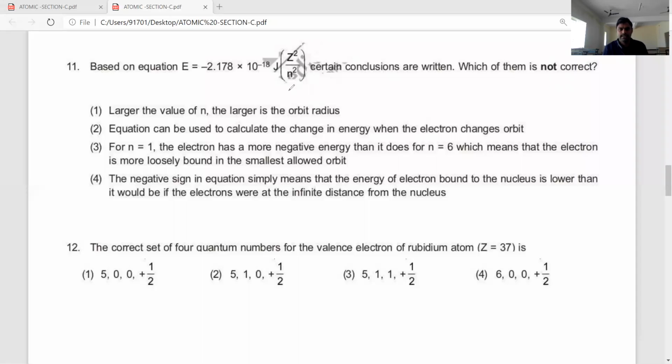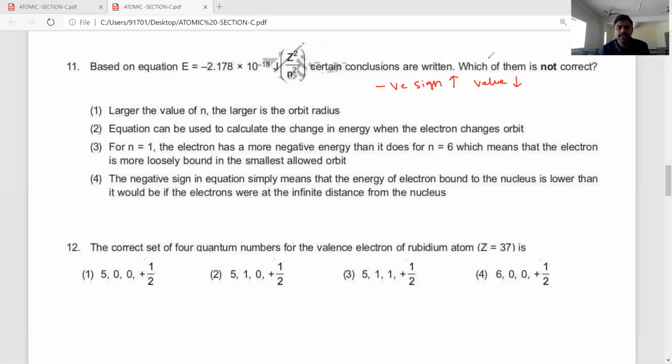See, when this negative value increases, meaning the negative sign increases, then the value decreases.